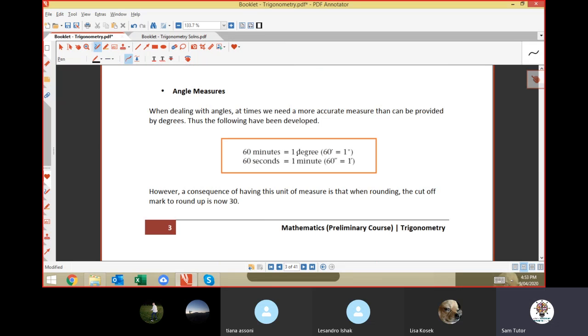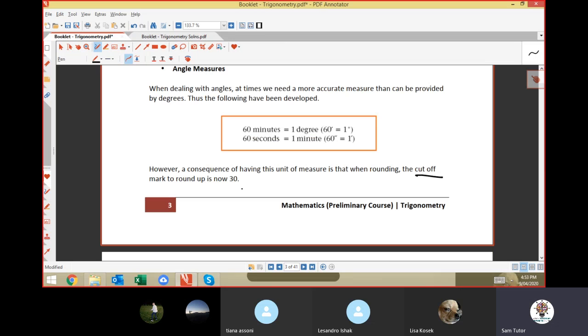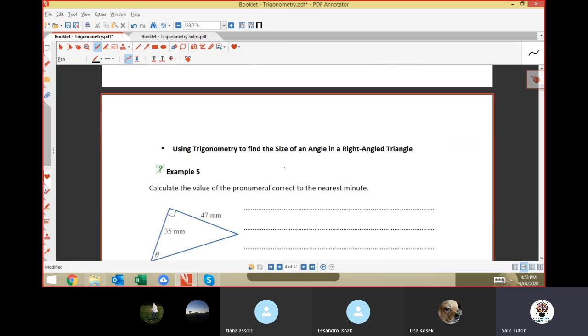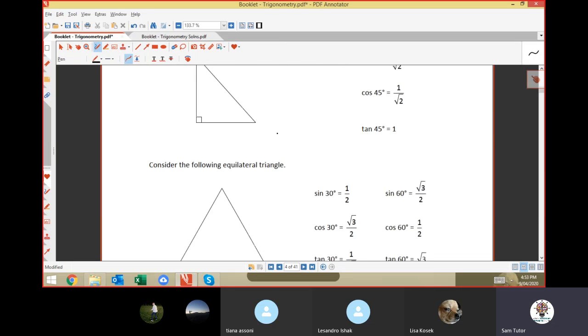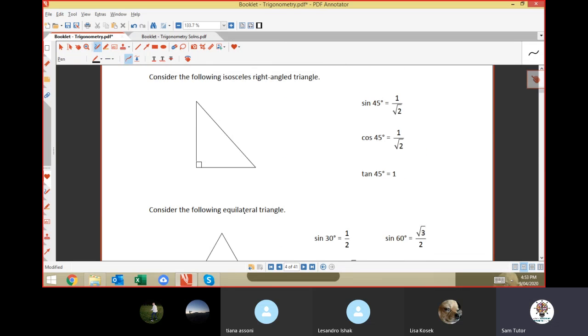60 minutes, 1 degree, 60 seconds, 1 minute. The cutoff for the mark is now 30 degrees. So when you're trying to round, if you're at 30 minutes, then you go up to the next degree. If you're at 29 and under, you keep it at that degree. Exact ratios, we didn't do it via the triangles.